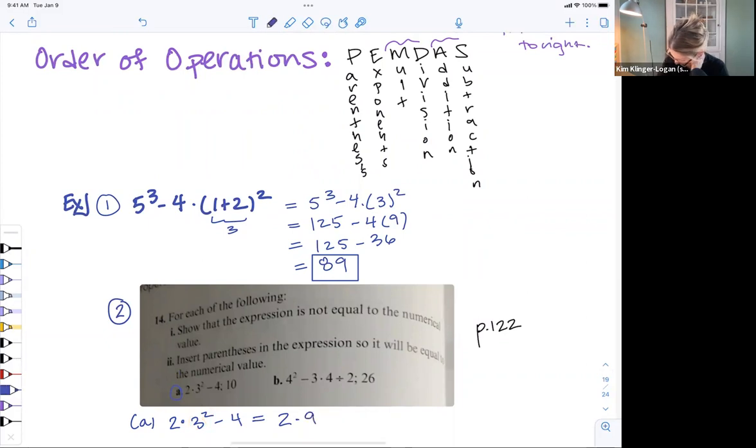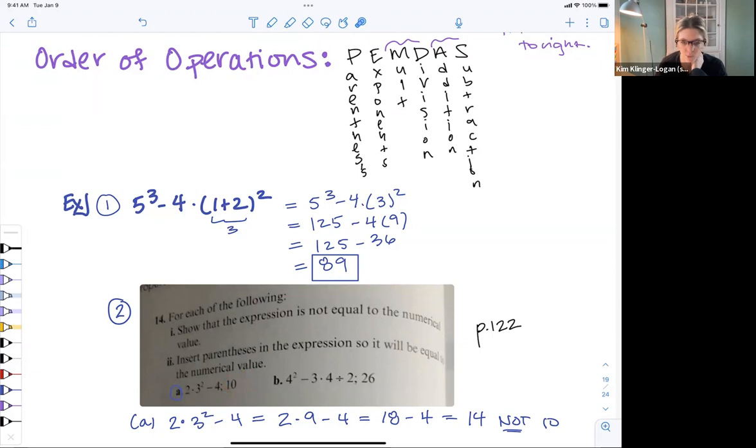So 3 squared is 9. My next step is multiplication or division, and I have multiplication here. So 2 times 9 is 18. And then my last step would be to subtract that 4. So this gives me 14, not 10, which is what the other value was.